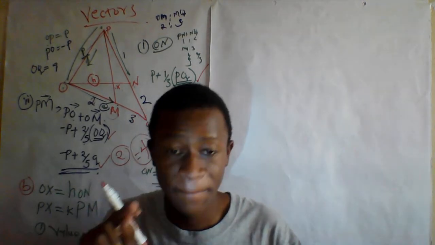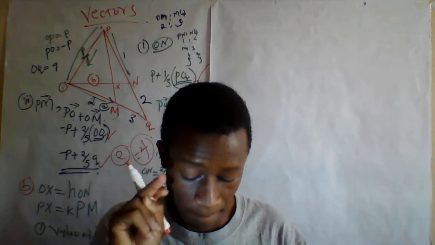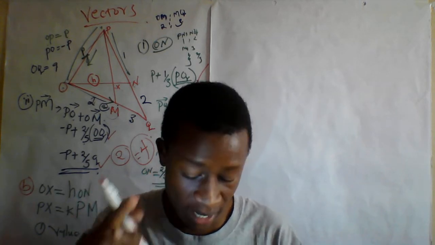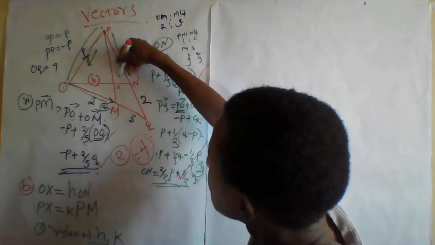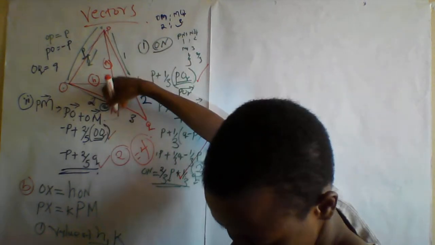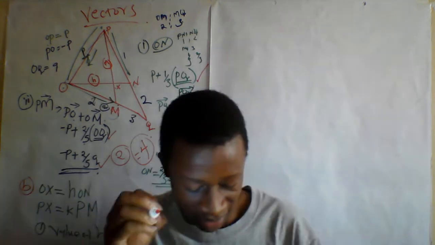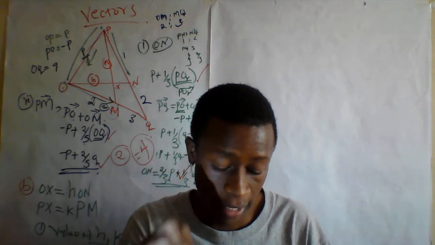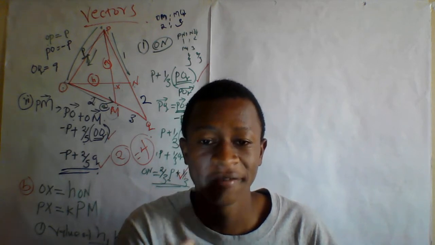Then PX is k of PM. Then we'll be asked to find the h and k values.